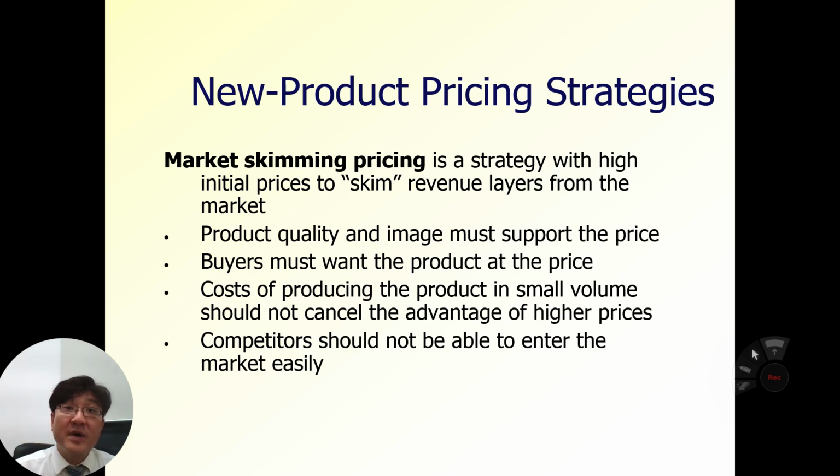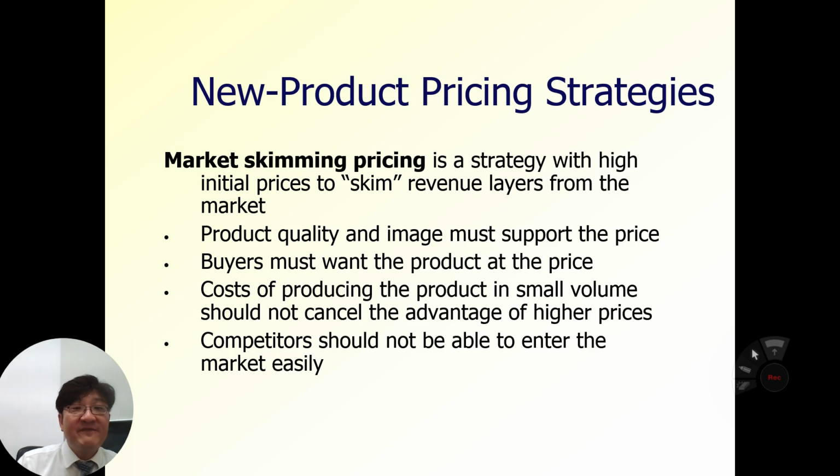So fixed cost per unit decreases if you make a larger number of products. If you're targeting only a small portion of the customers, your sales volume is going to be low. If your sales volume is low, the fixed cost per unit is actually high, which means that your cost is going to be high.